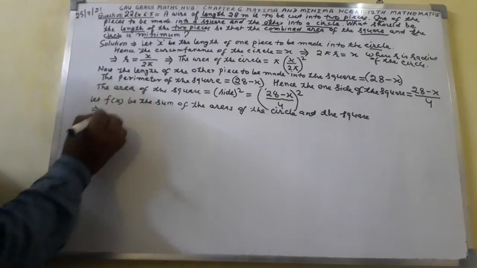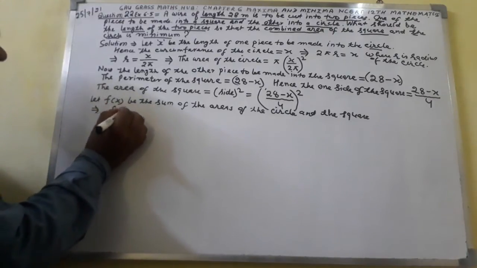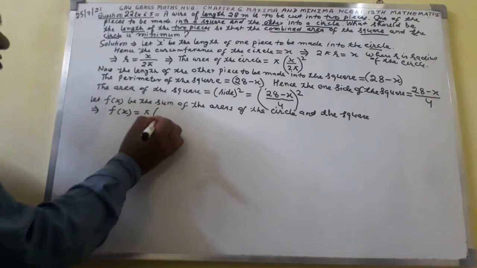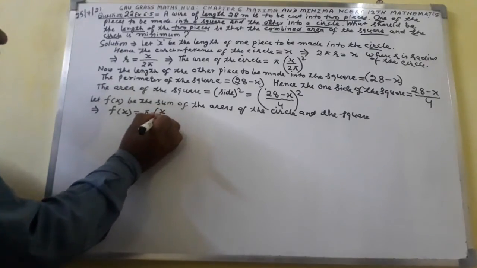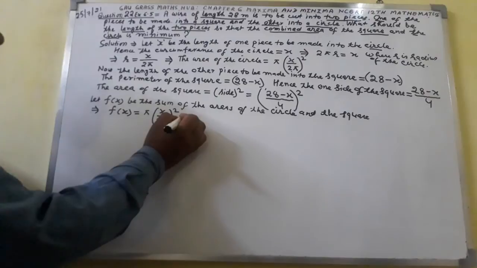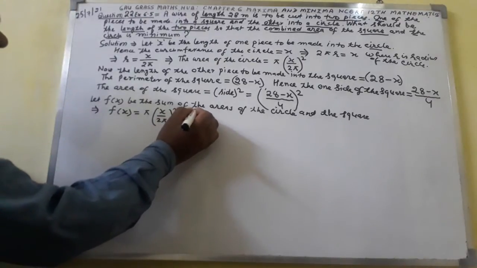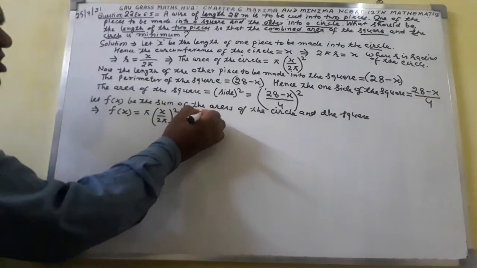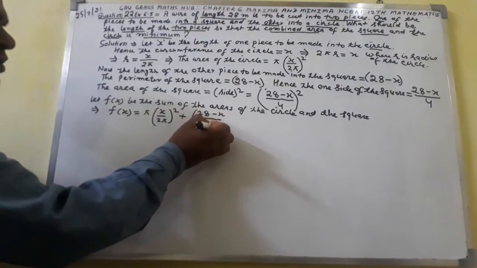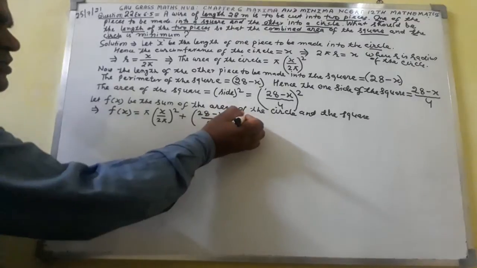This implies that f of x is equal to the area of the circle, first of all I shall write pi times x over 2 pi whole square, plus 28 minus x over 4 whole square.